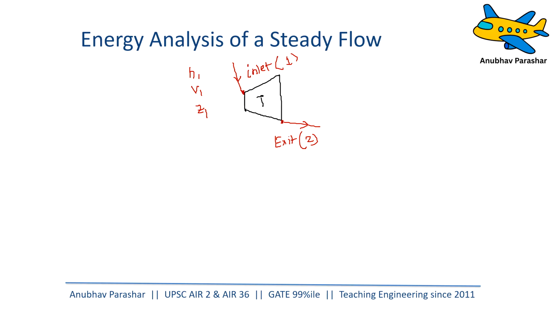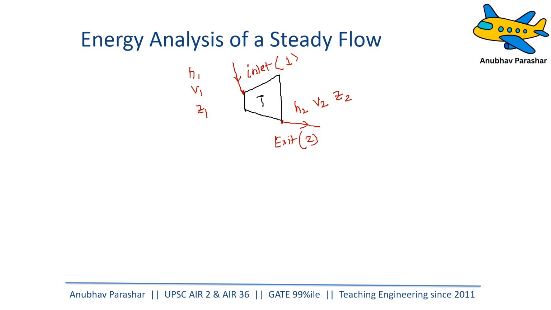Properties at the exit are enthalpy H2, velocity V2, and the elevation from the ground, let me say it is Z2. Z1 is going to be equal to Z2 most of the times, but still, let us try to understand it in a general flow, because a turbine is a specific kind of entity. We are trying to write the general equation, general analysis.